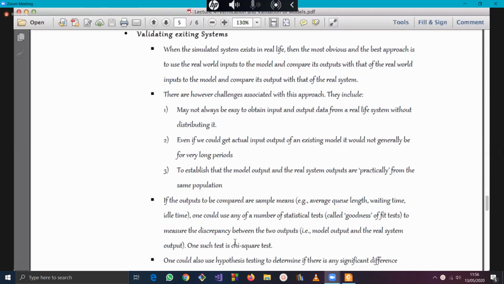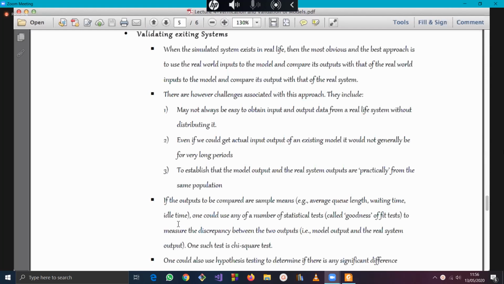Therefore, the next thing: if the output is to be compared as sample means, this is an example to illustrate this concept. When we say sample means, the examples are average queue length, waiting time, idle time.